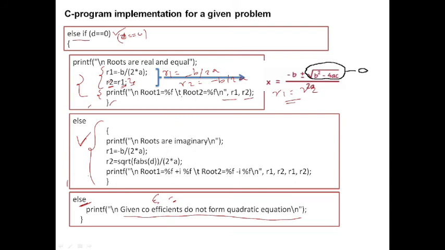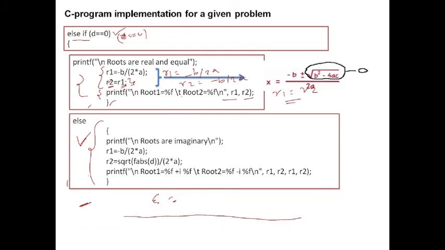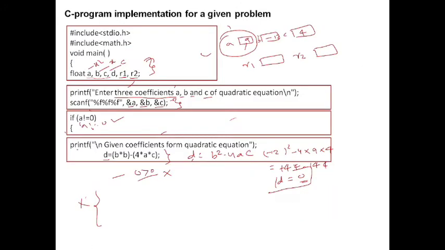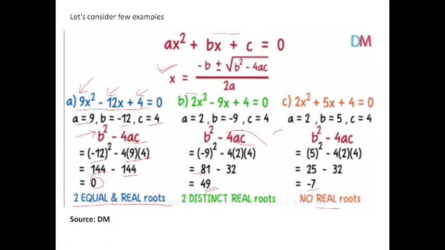So now what we do? We will execute the program using Code Blocks IDE, and we will check whether the implemented program will work correctly or not, right? So I will take these coefficient values for our reference, and we will check.